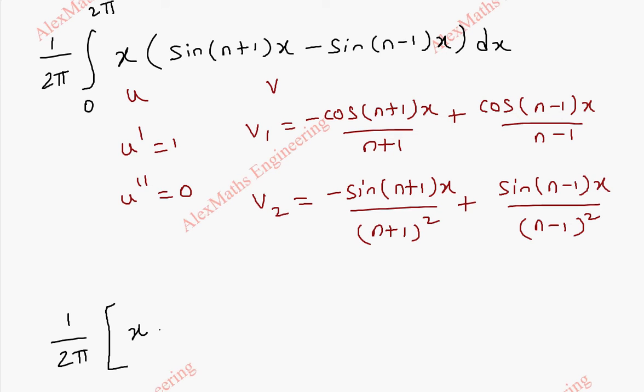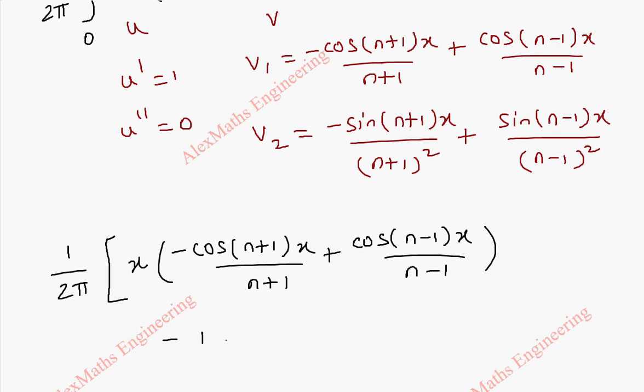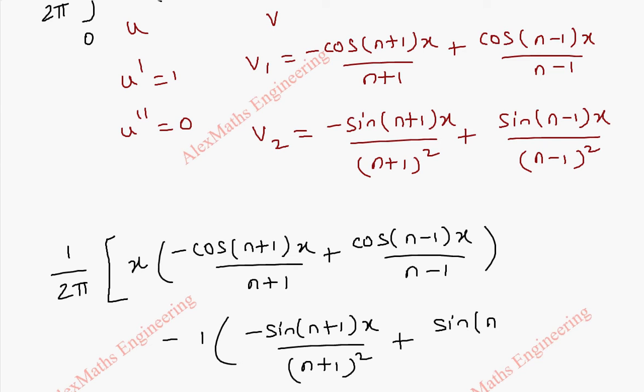So u is x, v1 is this whole term, minus cos of n plus 1 x by n plus 1 plus cos of n minus 1 x by n minus 1, then minus u dash, which is 1, into v2, minus sine n plus 1 x by n plus 1 whole square plus sine n minus 1 x by n minus 1 whole square, and we have 0 to 2 pi.